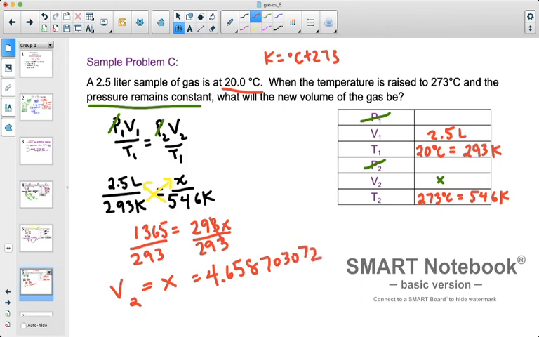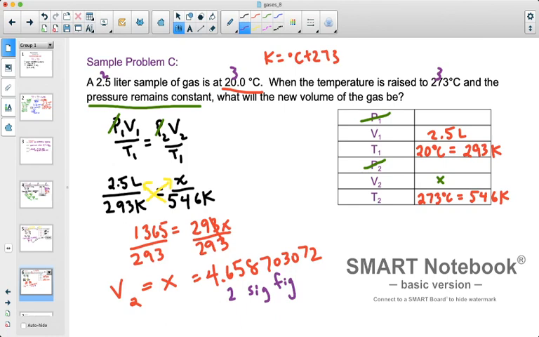4.658703072. All right, lots of decimal places. And this is where I need to now find sig figs. If I check my problem, this is in 2 sig figs, this is in 3, this is in 3 as well. I'm only using the numbers that I'm given, not the ones I convert, not the ones I find. So my answer has to be in 2 sig figs. So remember that we now need to round properly in order to get 2 sig figs.